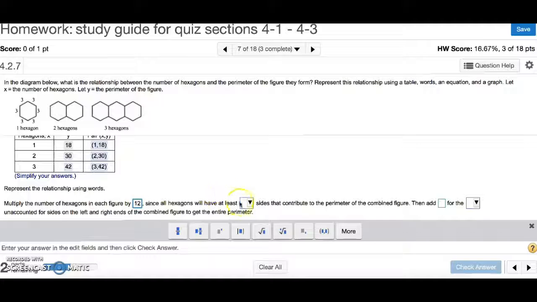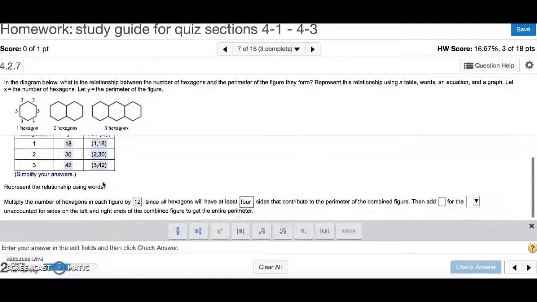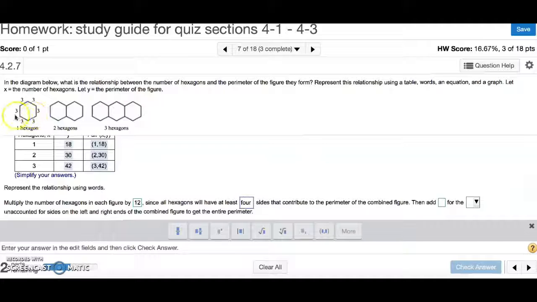Since all hexagons will have at least 4 sides that contribute to the perimeter of the combined figure. Now, what we add is always going to be the sum of the left and right sides. So 3 plus 3 is 6. That's going to be for the 2 unaccounted sides on the left and right ends of the combined figure to get the entire perimeter.